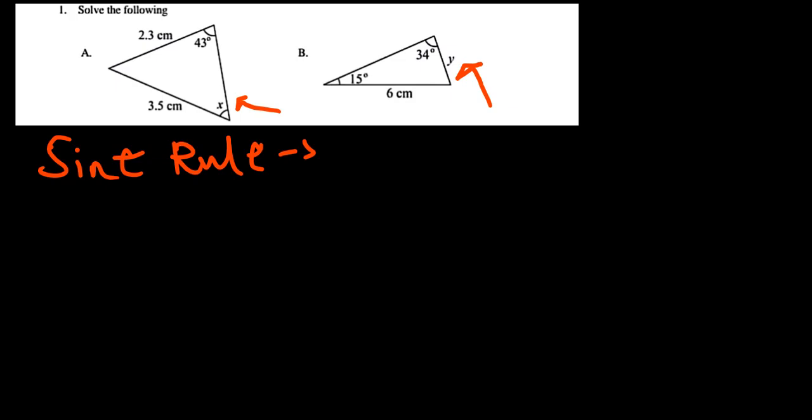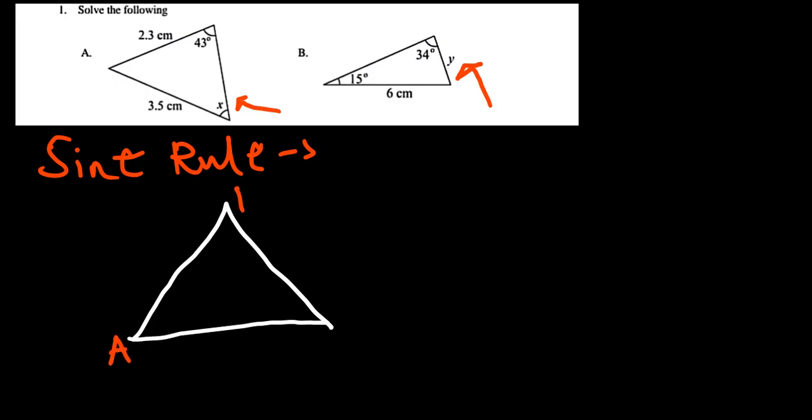For example, given a triangle that has three angles, we have angle A there, then let's have angle B here, and then we have angle C there. The opposite sides to these angles will take the smaller letters: the side opposite C will be the side smaller letter c, and the opposite side to B will be the side smaller letter b.